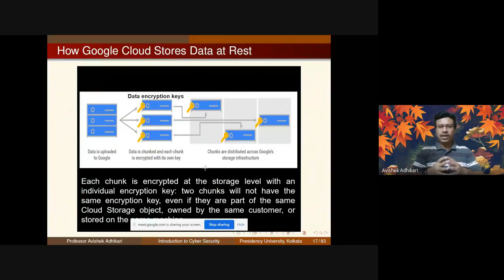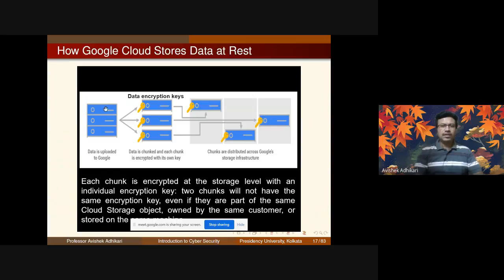But if you go beyond it, for example, if you look at how data is stored by Google, this is taken from the Google website itself. Suppose you want to store this chunk of data, and this data is then stored in the Google server, but before storing, the data is encrypted by some key. Suppose this amount of data you want to store at some Google server.